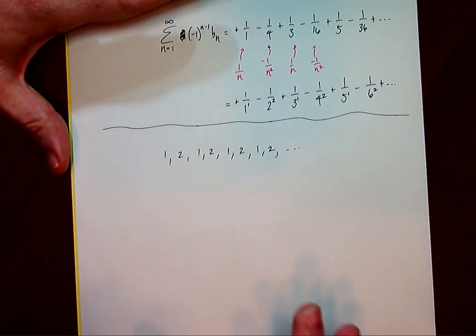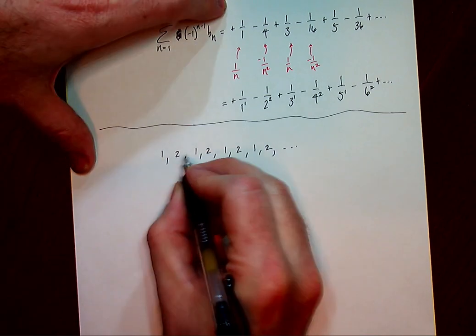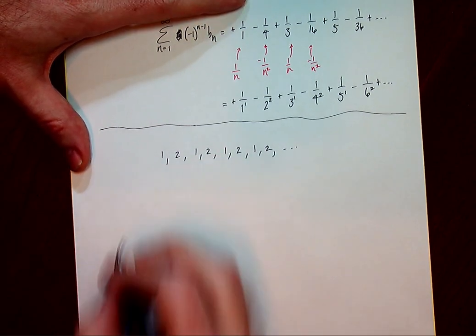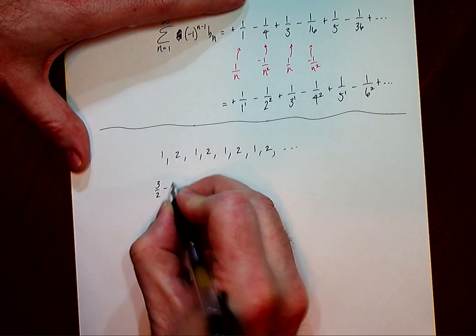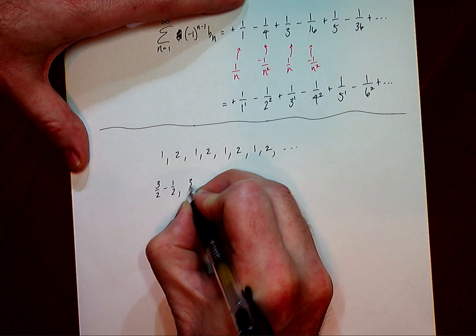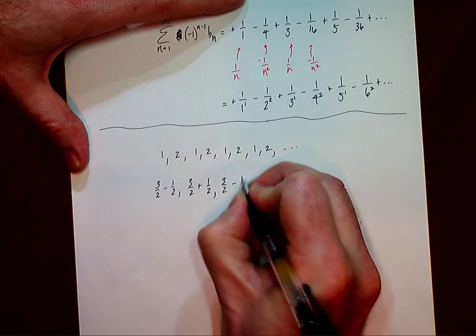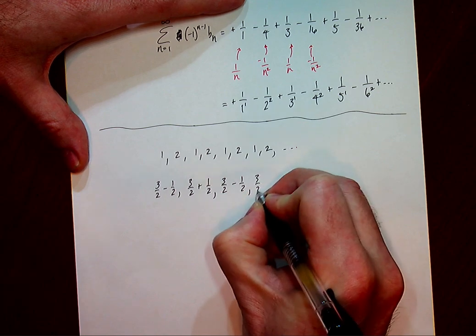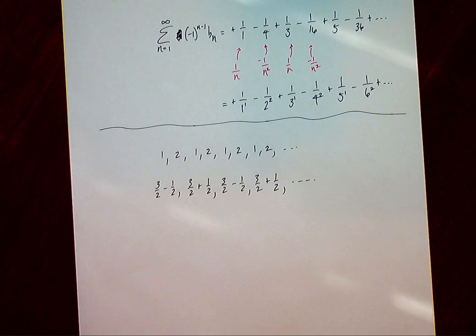Well, there's a couple ways to do it. One of them is that you can think of 1 and 2 and think of what's in the middle. It's 3 halves, right? So this first one is 3 halves minus 1 half. This is 3 halves plus 1 half. This is 3 halves minus 1 half. This is 3 halves plus 1 half, and on and on. But that's going on in the numerator, right?